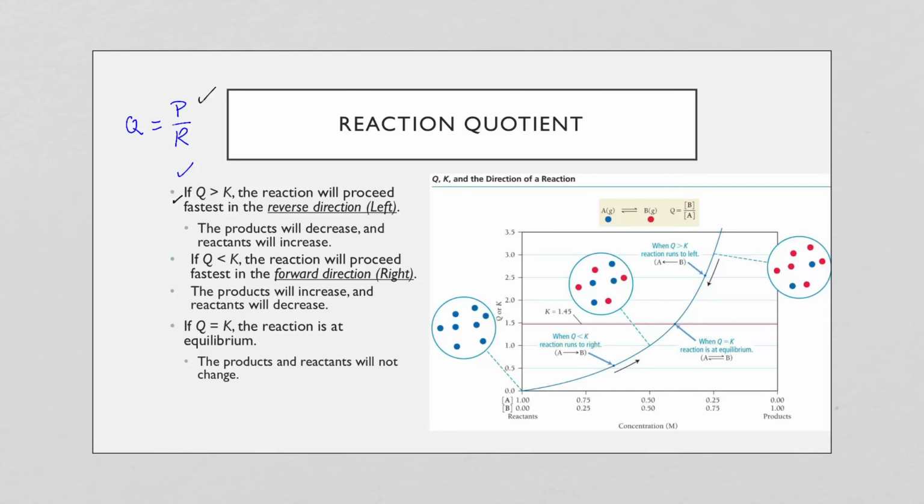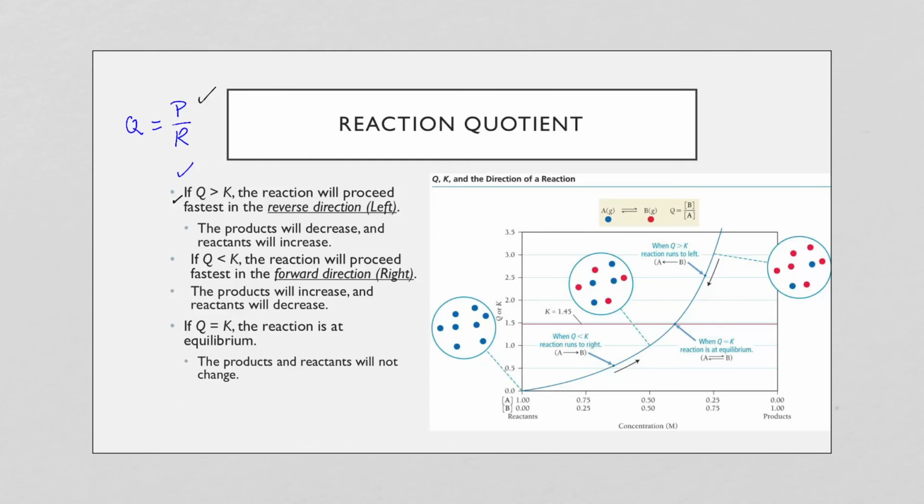So to make our ratio smaller, we need to make the products smaller and the reactants larger, and that means the reaction has to move to the left. So in order to drop the value of Q down so it matches K, the reaction is going to proceed toward the left.